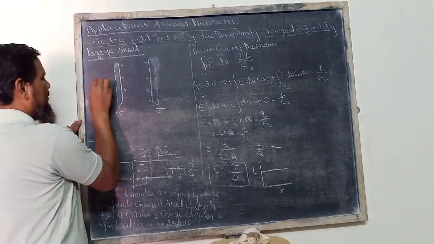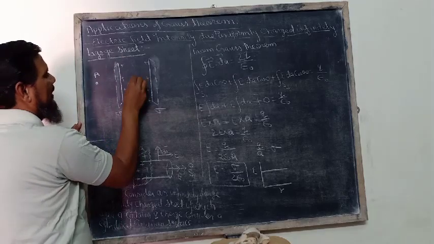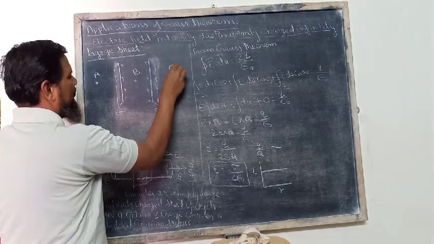Now we have to calculate the direction of electric field intensity at point A, at point B, and at point C.